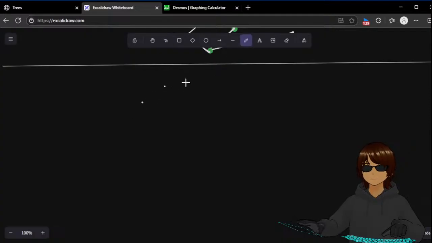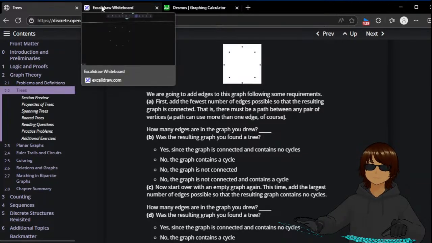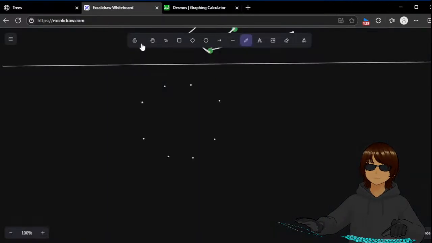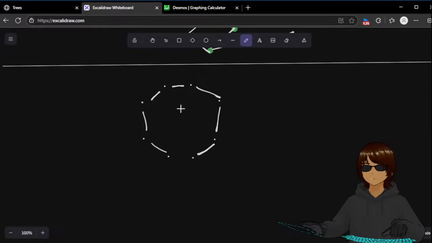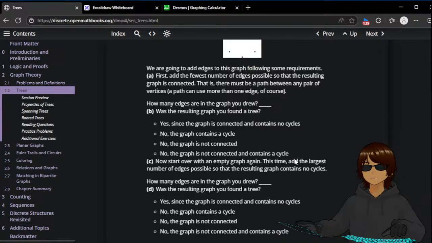One, two, three, four, five, six, seven, eight. Eight vertices. And then the edges are here. Now it's a connected graph containing no cycles. So yes, since the graph is connected and contains no cycle, it is a tree.